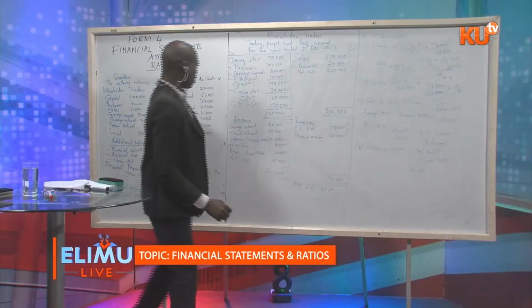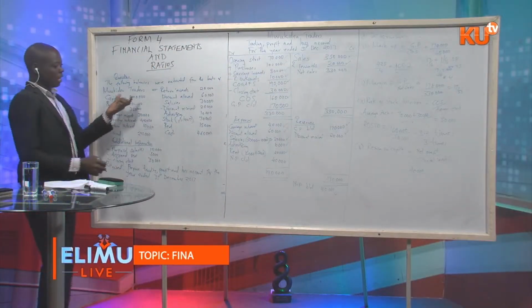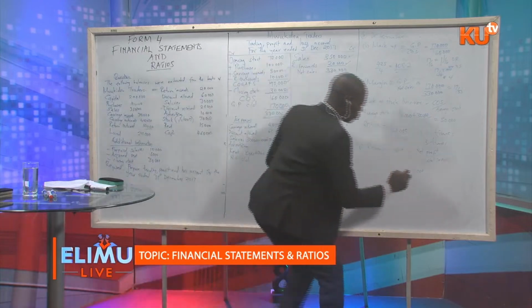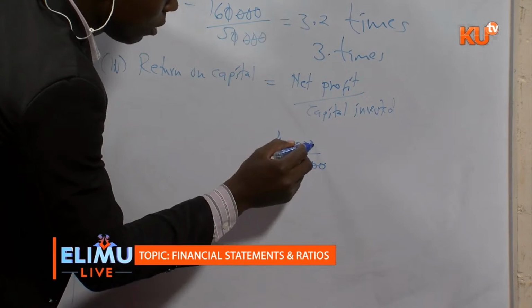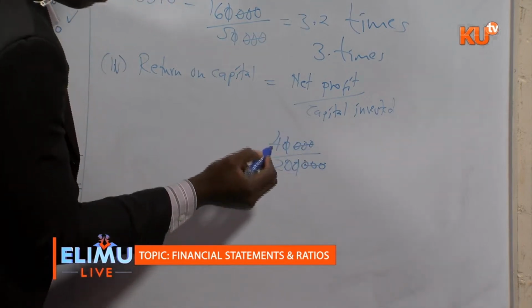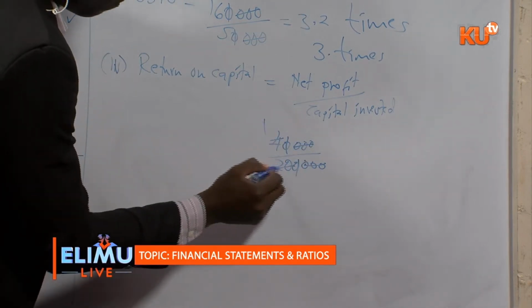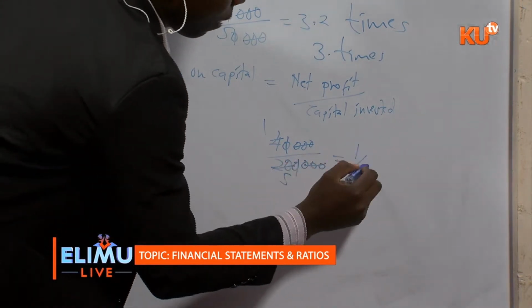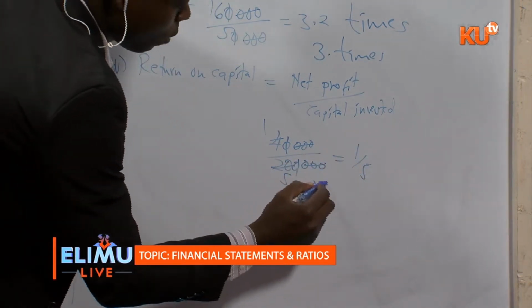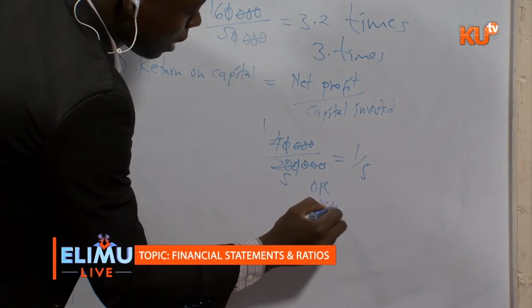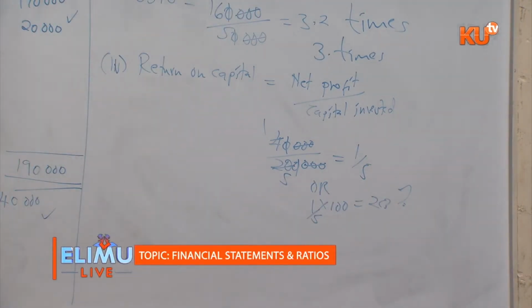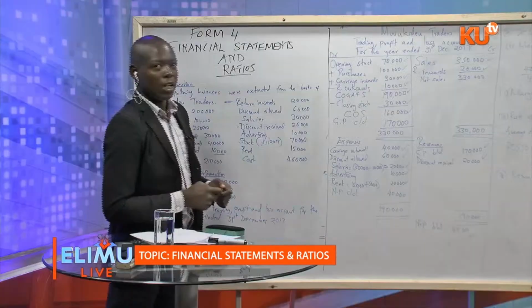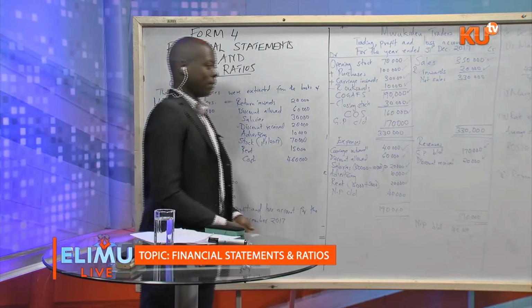Capital invested, in our case, was 200,000. So we divide by 200,000. So that this cancel out. That is 1 over 5. Or as a percentage, we will say 1 over 5 times 100, which will give us 20%. So it means the return on capital is at 20%.